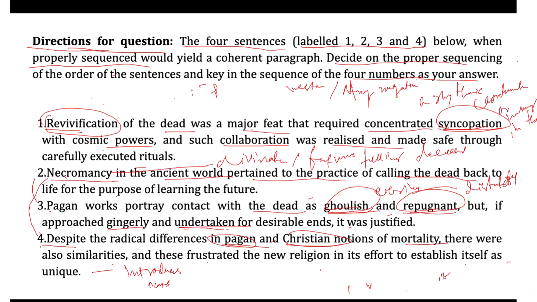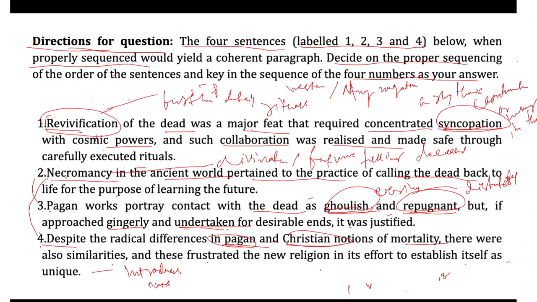It was justification and revivification of the dead, the dead which we discussed in option 3, right? It gives us further detail about the process of revivifying the dead and how it was accomplished through rituals, linking back to the overall theme of the paragraph.